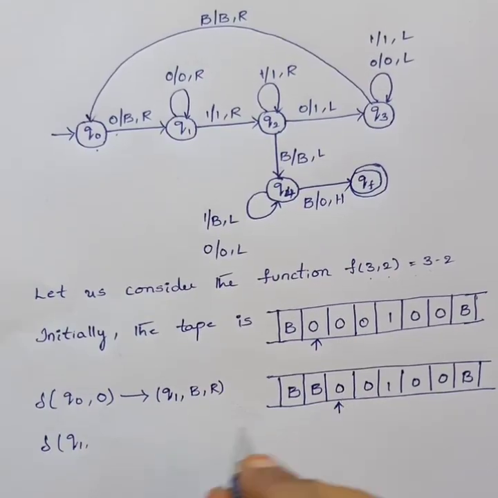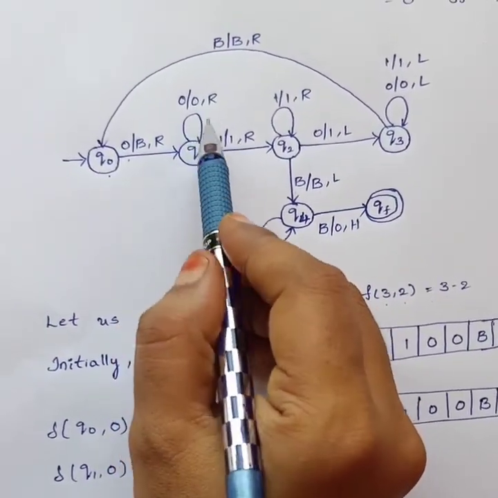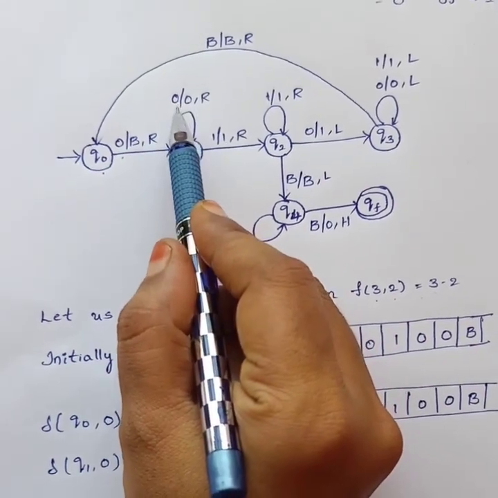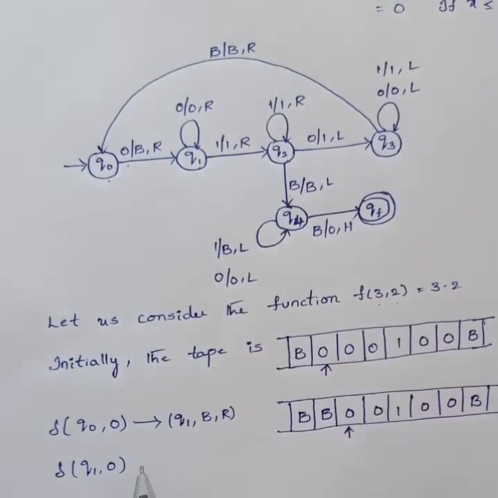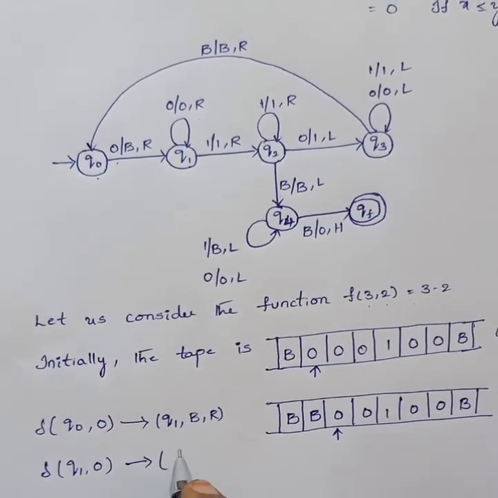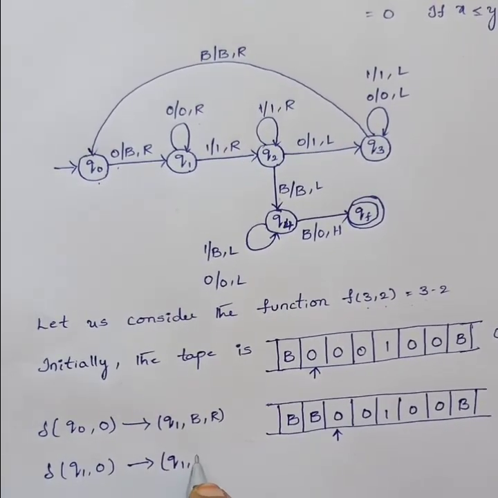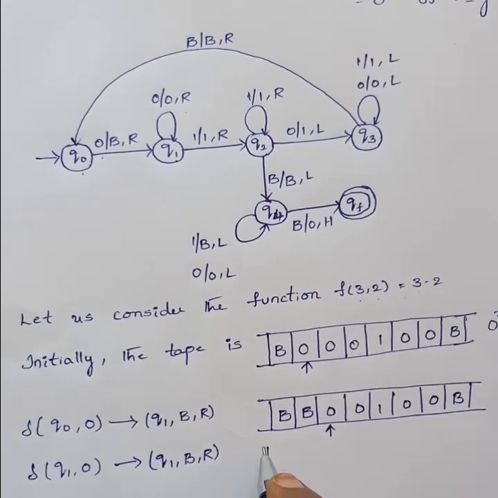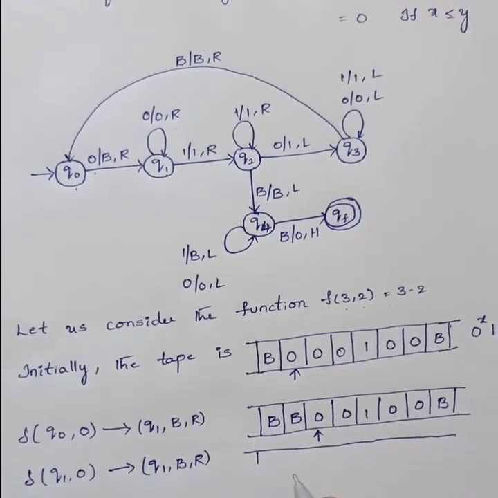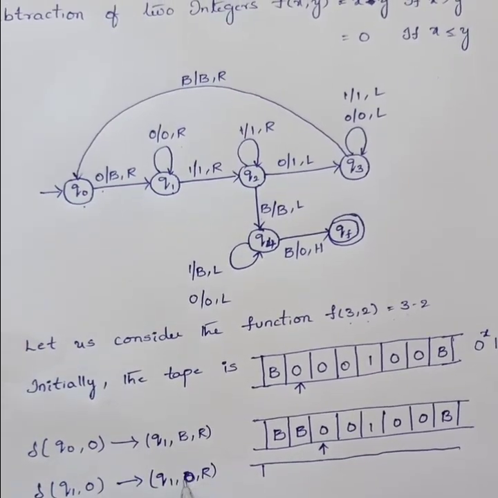Next input is 0. In the Q1 state, if I get 0, rewrite the 0 as 0 and move to right. So if we get zeros in the Q1 state, keep on moving to right and replace all those zeros with 0 itself.